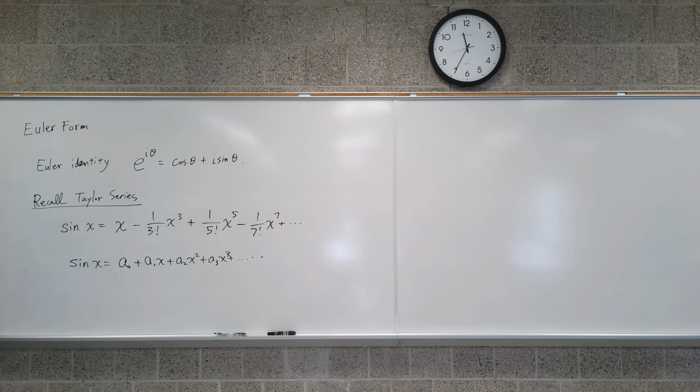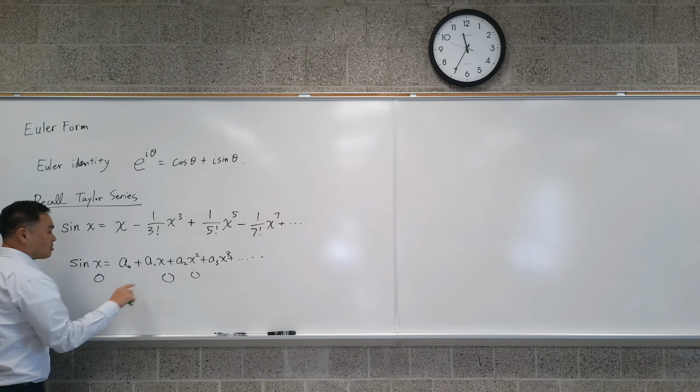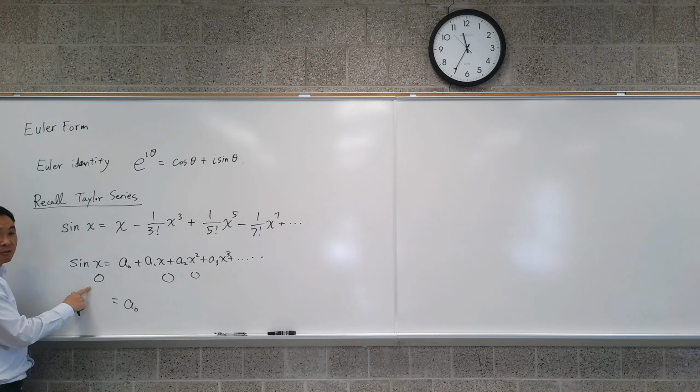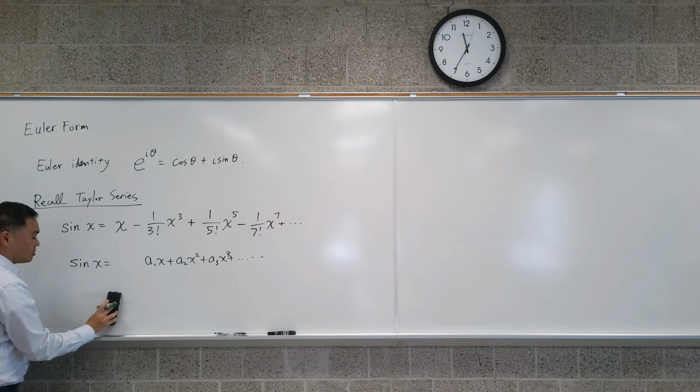To get a0, you plug in 0 on both sides. Everything disappears, and you get a0 only on the right side, whereas sine 0 is 0, so a0 is 0.